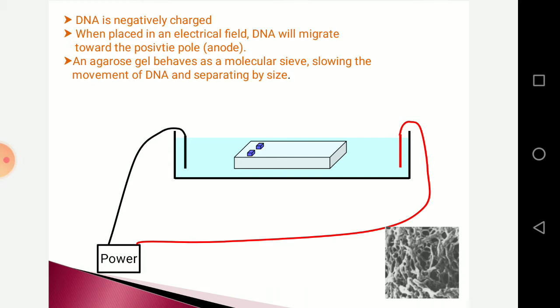You can see two blue colored rectangular boxes, that is called well, where we place our sample. And after placing the sample, we run the gel, means we apply the power, and after some time the DNA moves to its opposite direction, means since it is negatively charged, it moves towards positive pole.